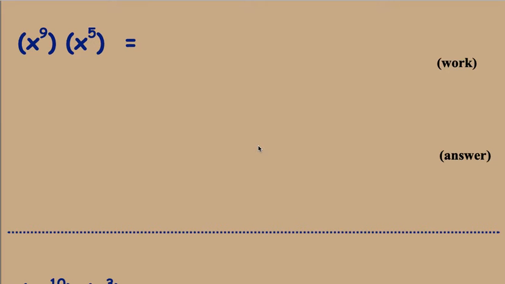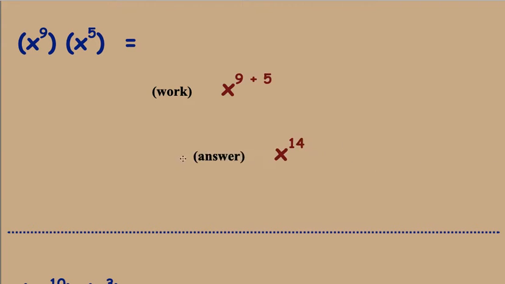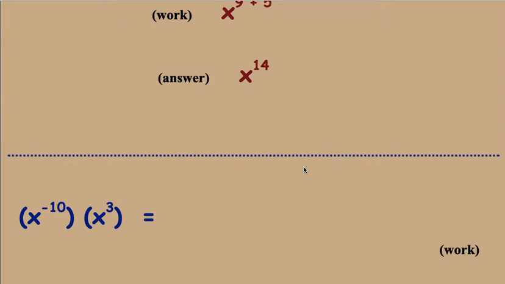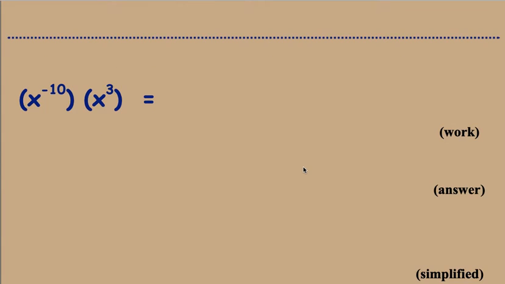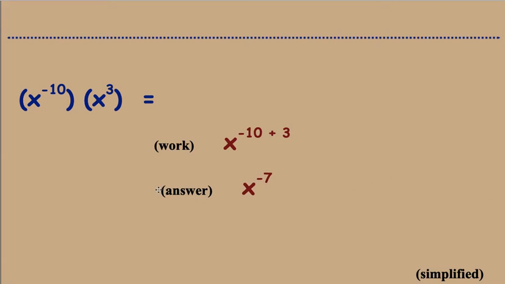All right, this one right here, you should be able to instantly get the answer. I hope you have x to the 9 plus 5, and that's going to be x to the 14th. Okay, I want you to take a look at this next one for a moment and take a guess what you think the answer is. All your work has to be is negative 10 plus 3, and that is going to give you a negative 7.